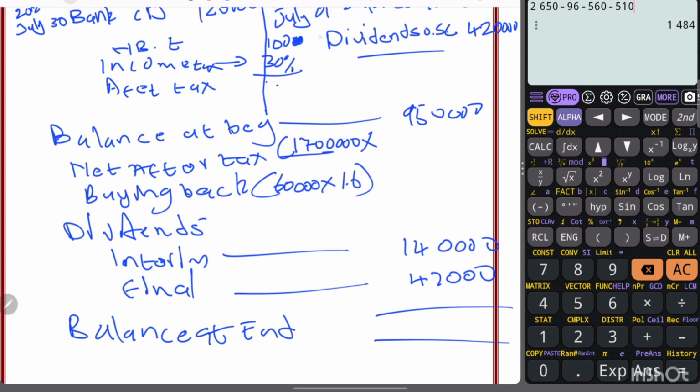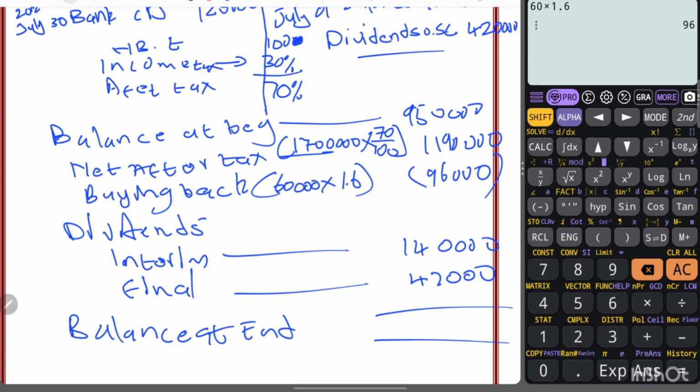No, not 100 minus 70. 100 minus 30. It's gonna be 70%. Then here I'm looking at 70 all over 100. Then it's gonna be 17 multiplied by 70 all over 100. Then you're going to get 1,190,000. Then the buying back is gonna be 60 multiplied by 1.6, which is 96,000.